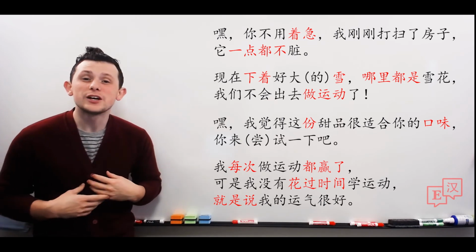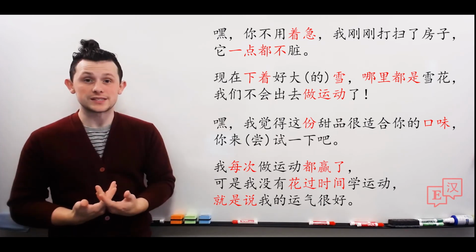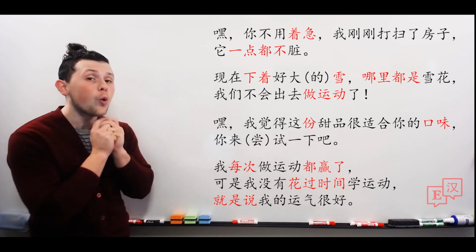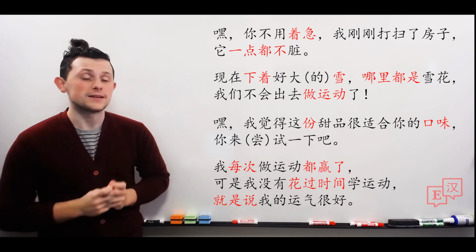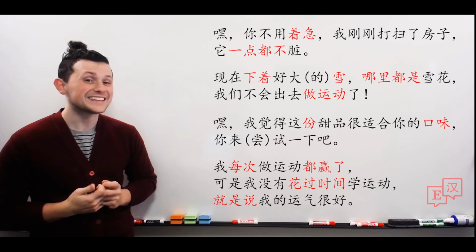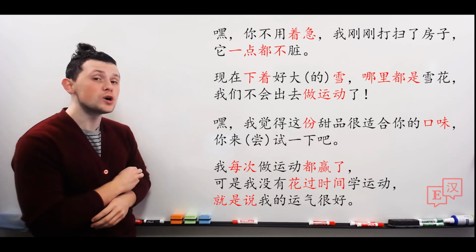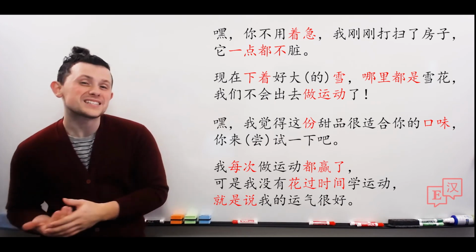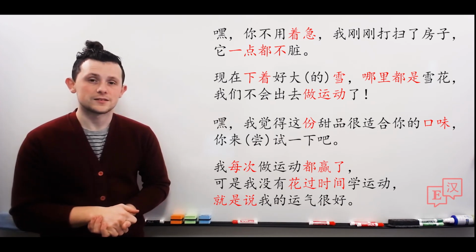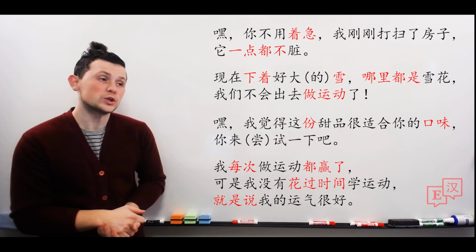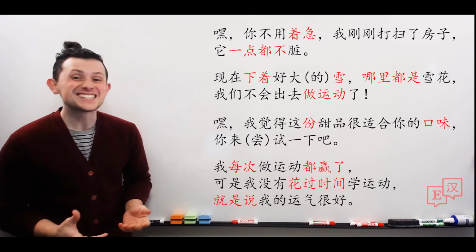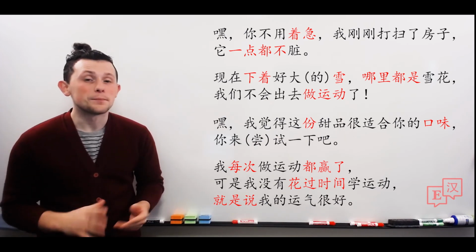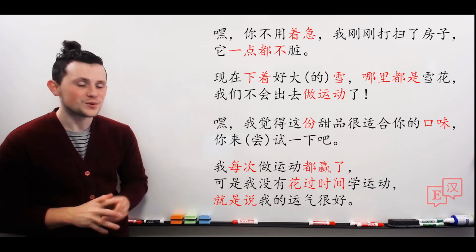But if we want to say to spend time doing something, we will use 花 to spend. And lastly, 就是说, that is to say, or that basically means. 就是说我的运气很好. I guess that means, or that is to say, my luck is good. One last time.